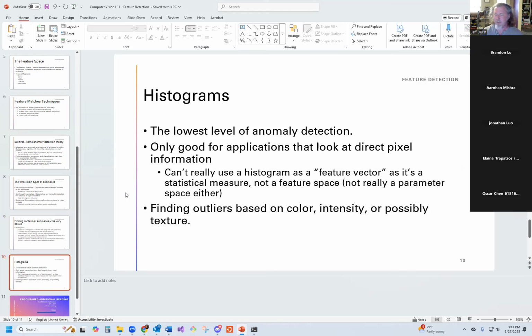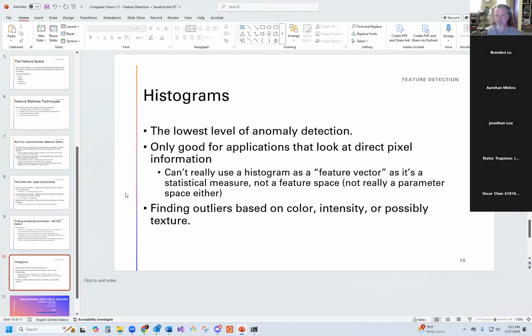You can have something occurring a few times in an image that we don't really care about and that isn't really an anomaly, but because it's only there to a limited extent inside the bigger image, it's still going to get flagged.